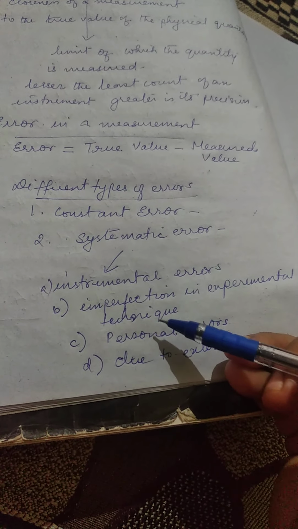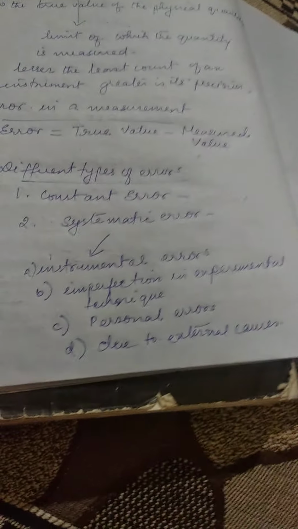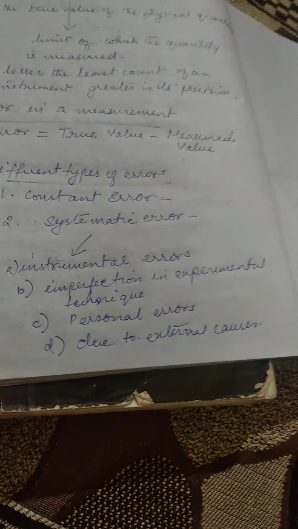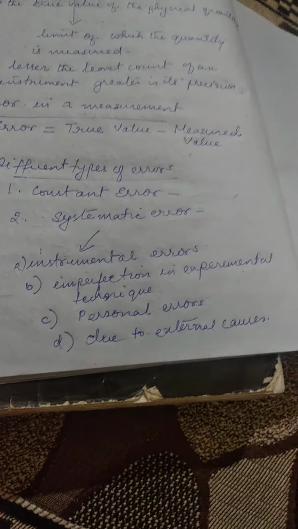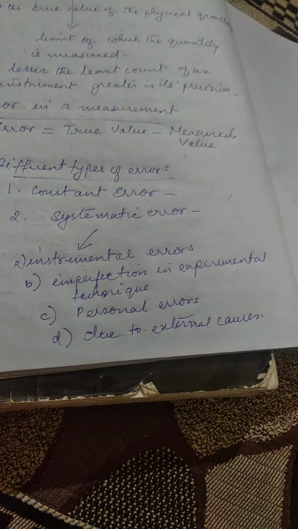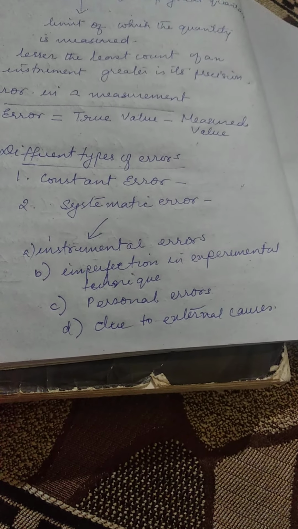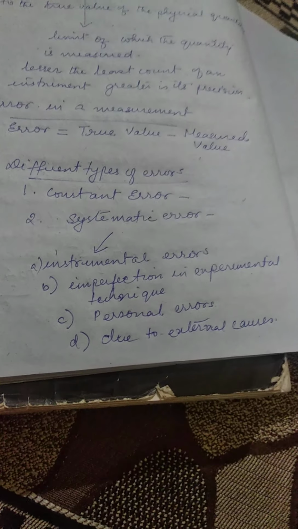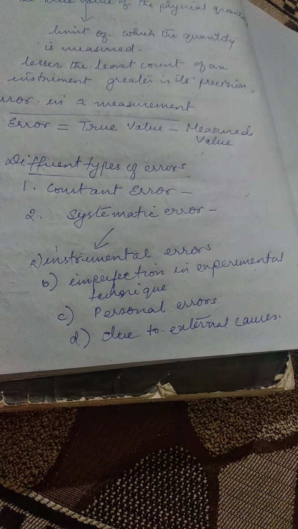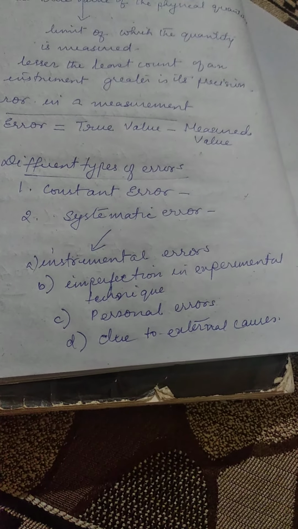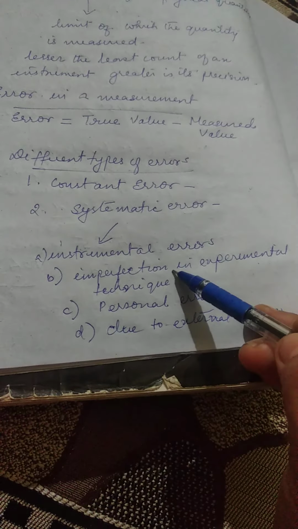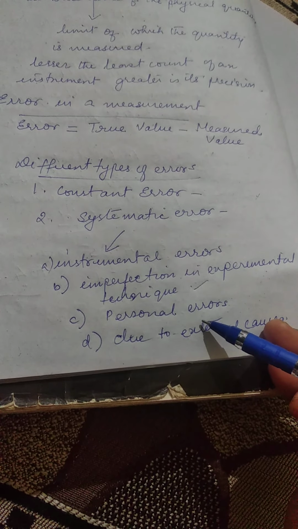And it may be due to imperfection. Suppose you are performing an experiment and you are measuring the temperature or length or whatsoever, but you are not very skilled in measuring. That means your technique is not correct. So due to this technical defect, you may have a faulty reading every time. That will be called imperfection in experimental technique.